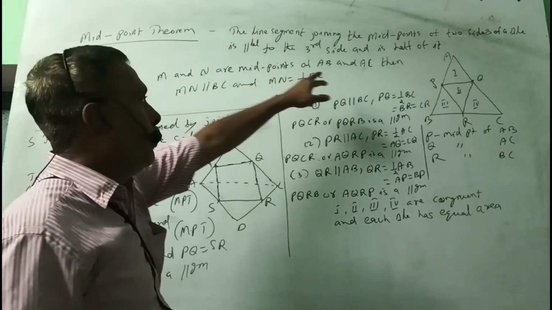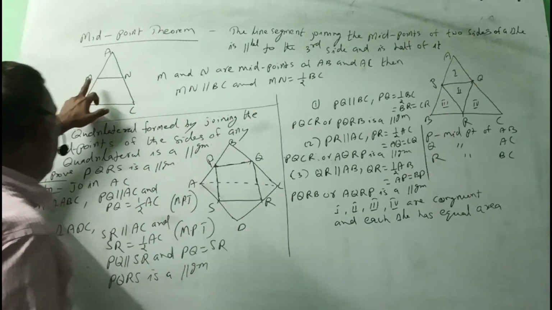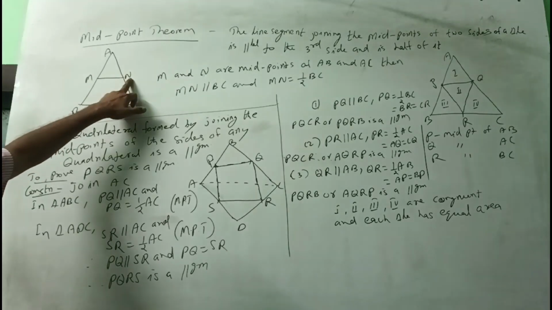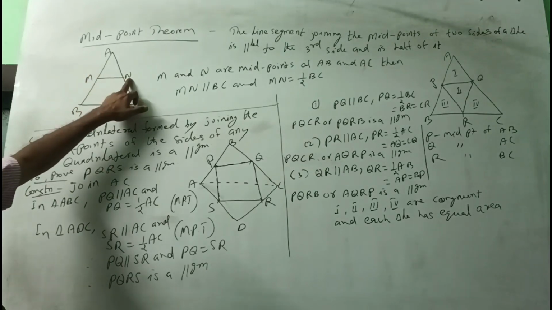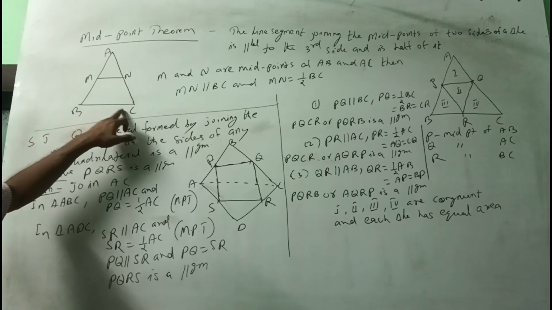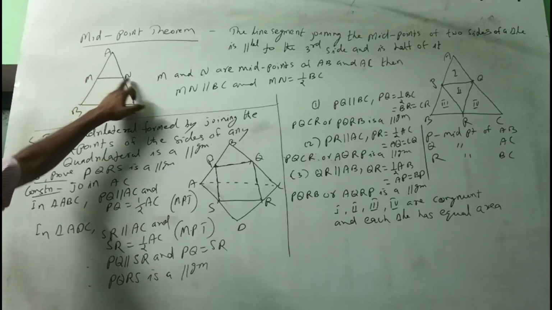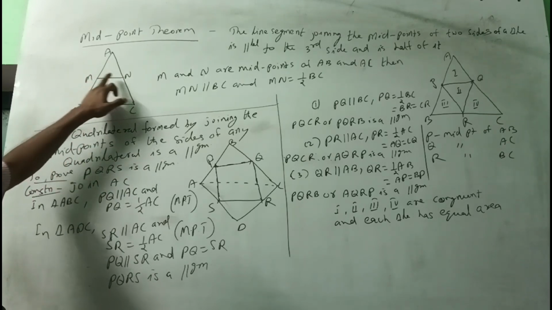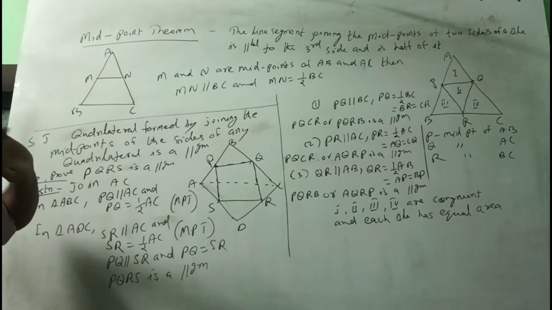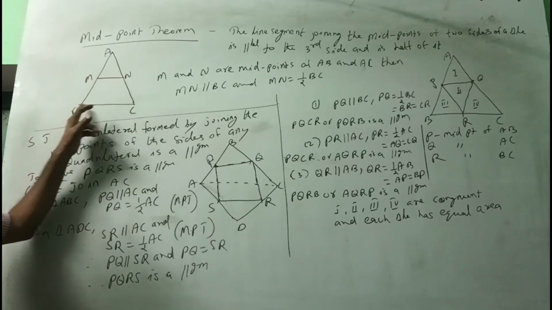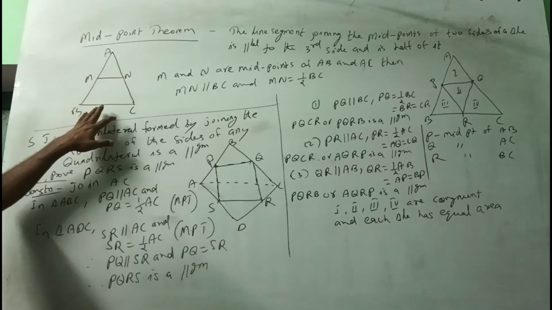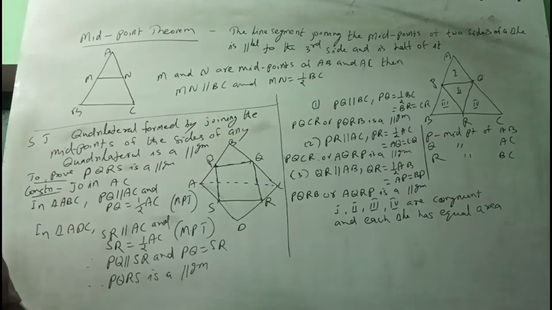The importance is that M and N are the midpoints. Whatever the length of MN is, BC is twice that. MN is the half of BC.